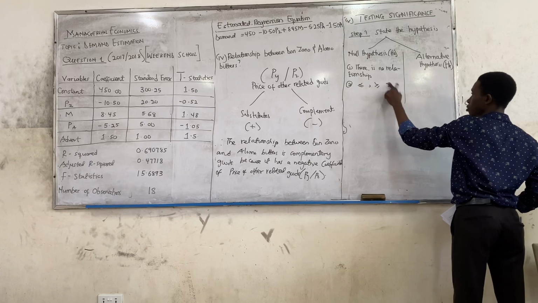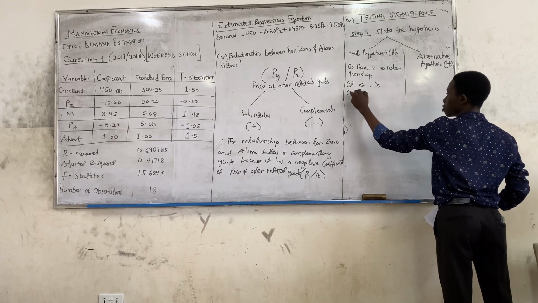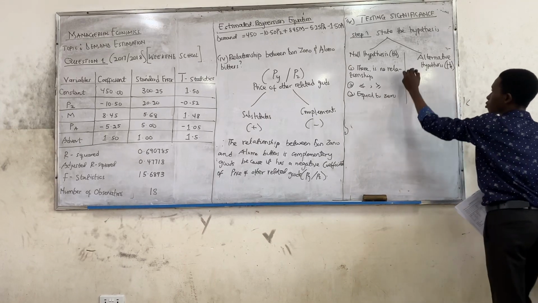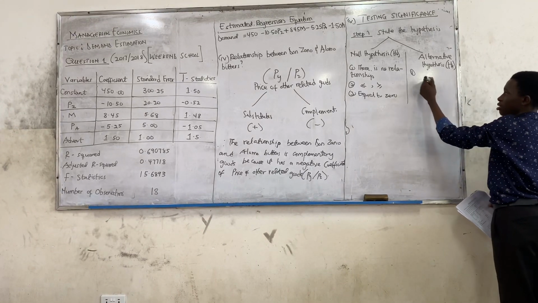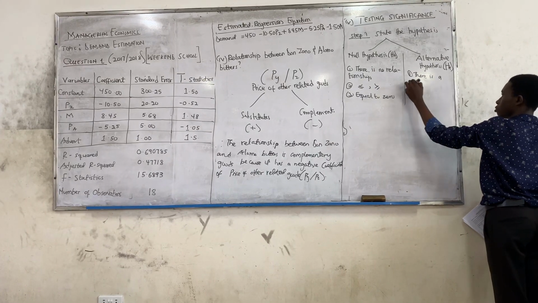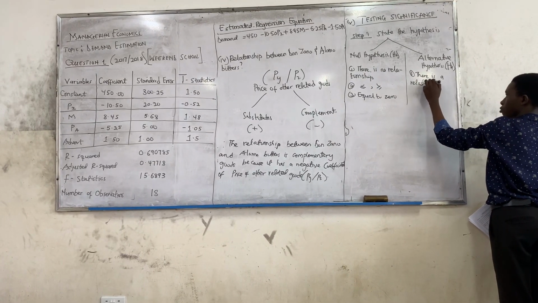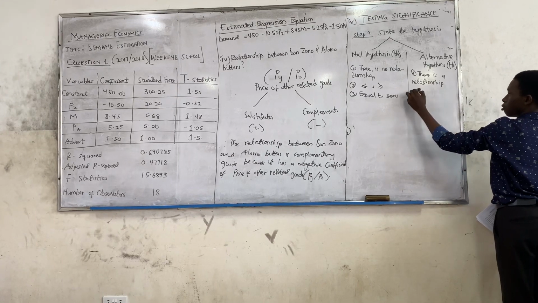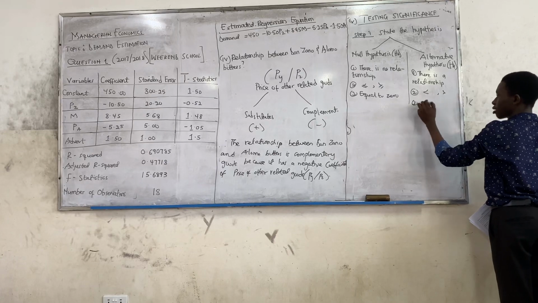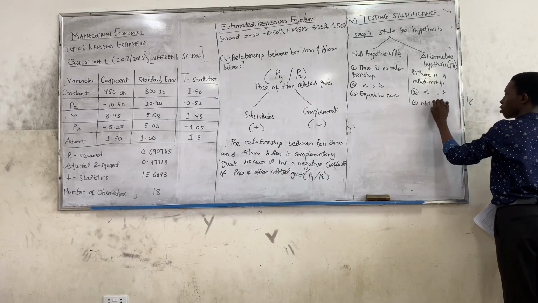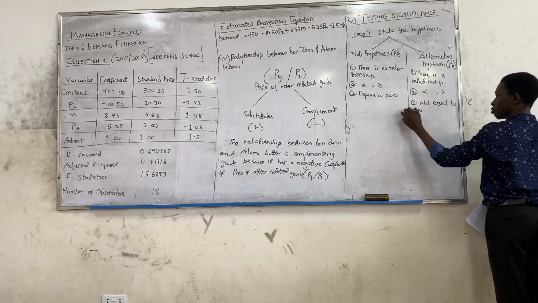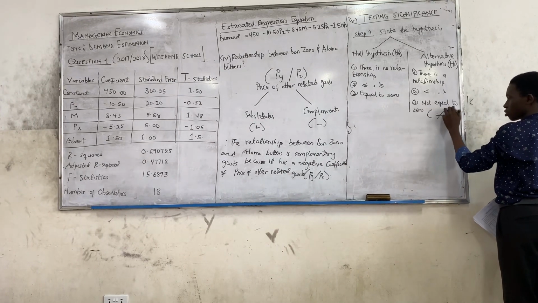Let me put it this way: there is equal to 0. With the alternative hypothesis, there is a relationship; 2, less than or greater than; 3, not equal to 0. So we have this, not equal to 0.